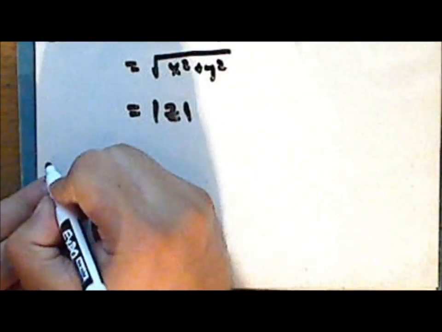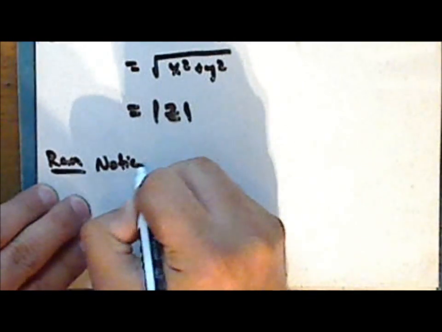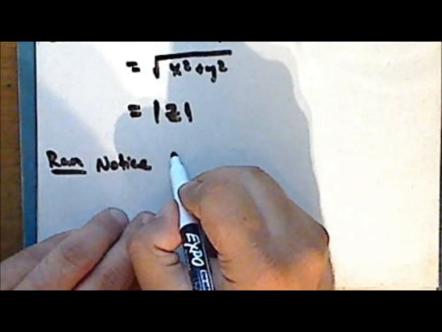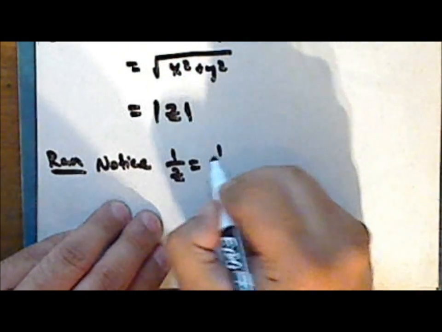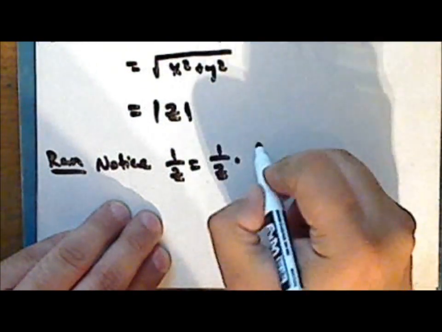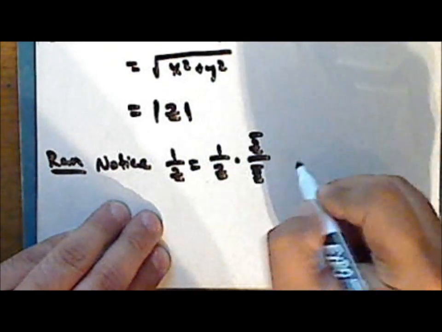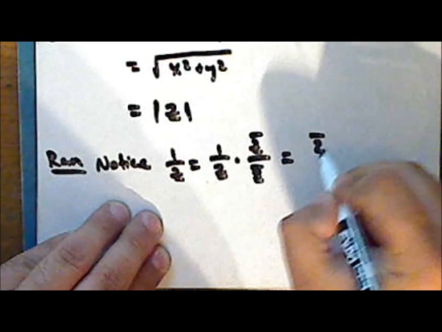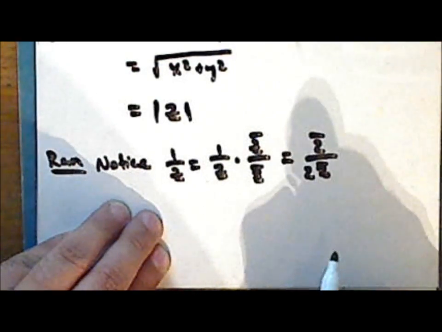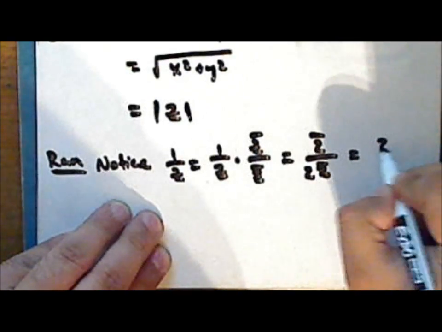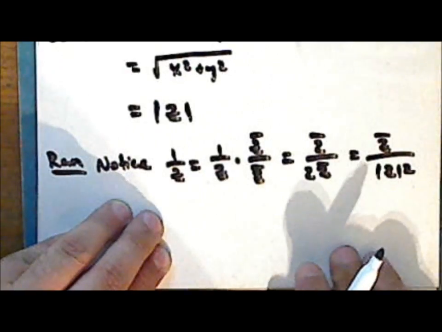So notice that 1 over z is the same as 1 over z multiplied by the conjugate of z over the conjugate of z, which is the conjugate of z over z times the conjugate of z, which is the conjugate of z over the square of the modulus of z.